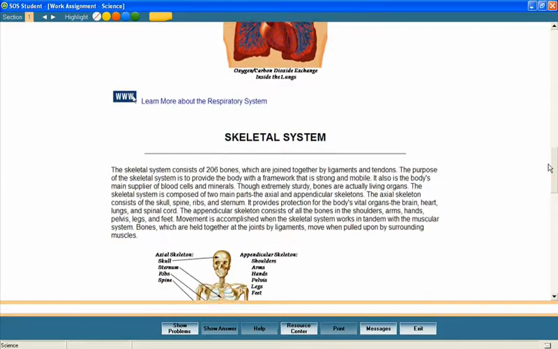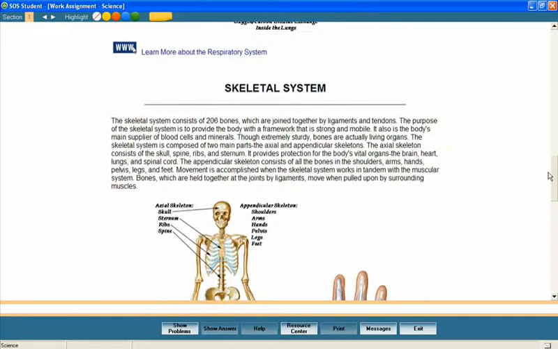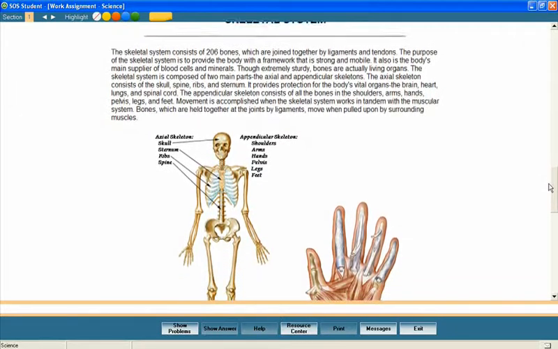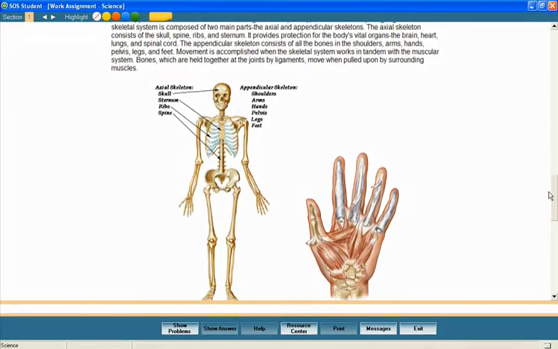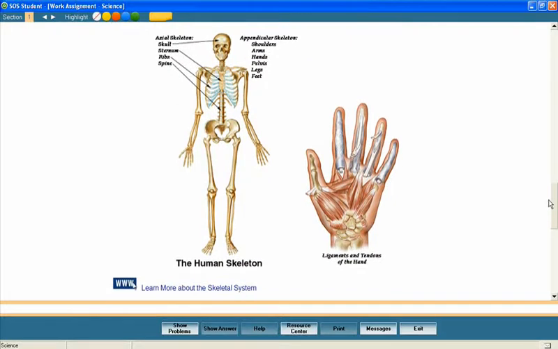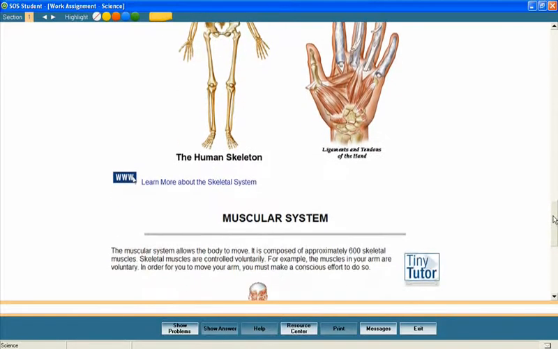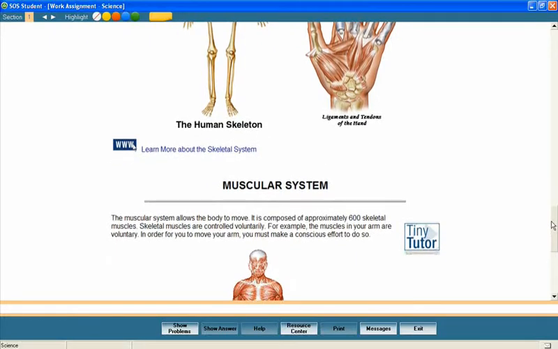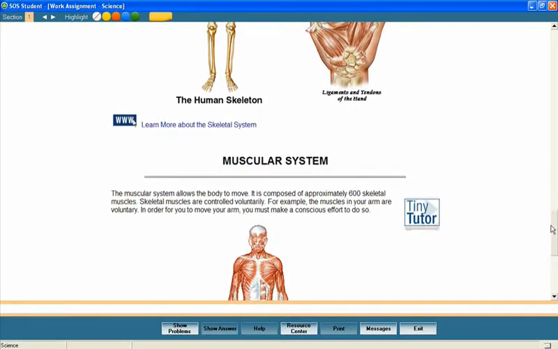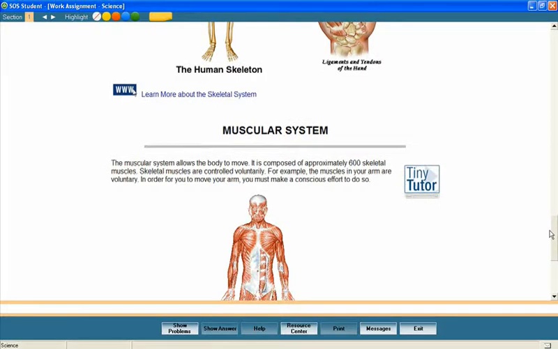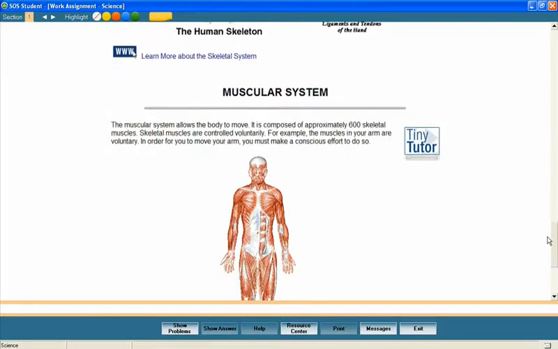In addition to the text-based instruction, Alpha Omega's computer-based lessons are often filled with colorful photographs, illustrations, and diagrams, as well as a variety of multimedia presentations that are all designed to enhance the instruction and assist students in mastering lesson content.